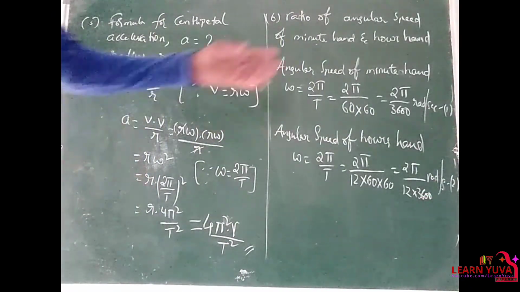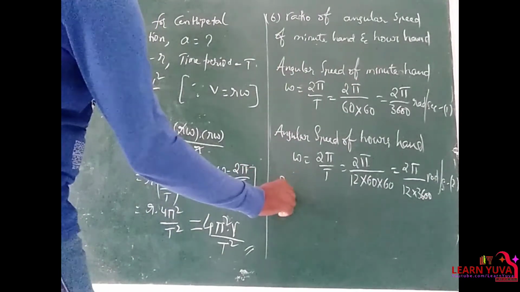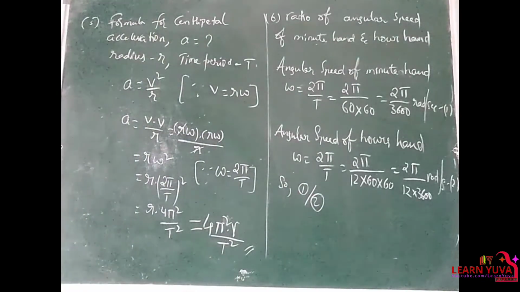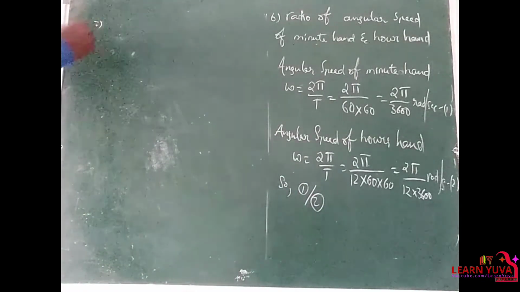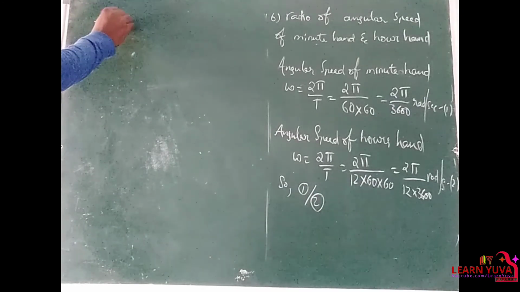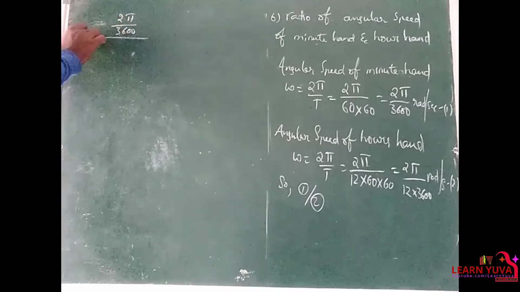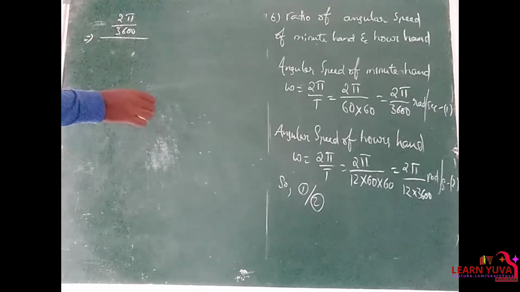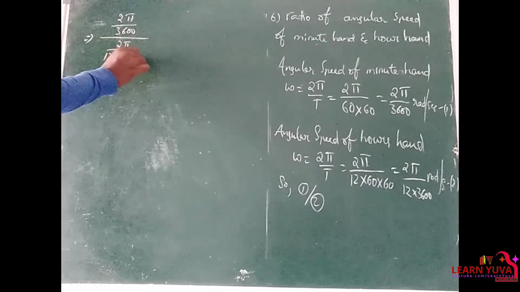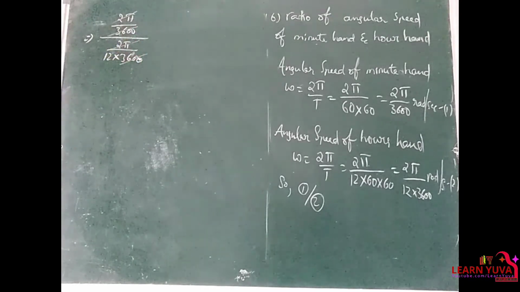We need the ratio of minute hand by hour hand, that means 1 by 2. Clear? That applies. Two pi by 3600 by 2 pi by 12 into 3600. 3600 and 3600, 2 pi get cancelled.